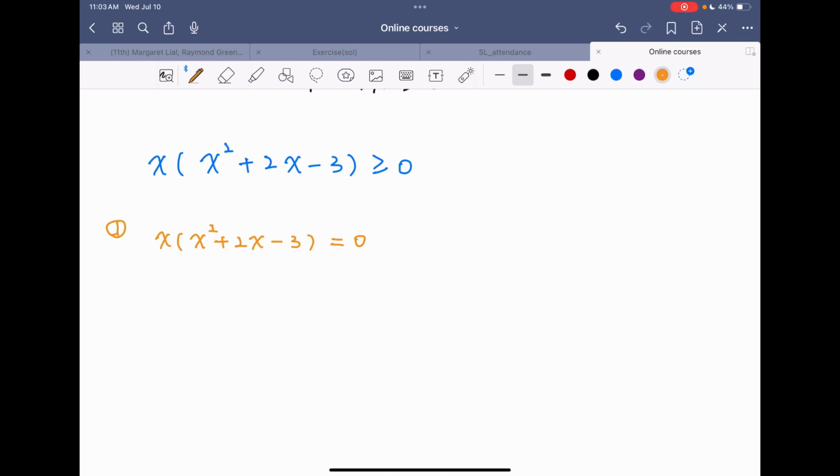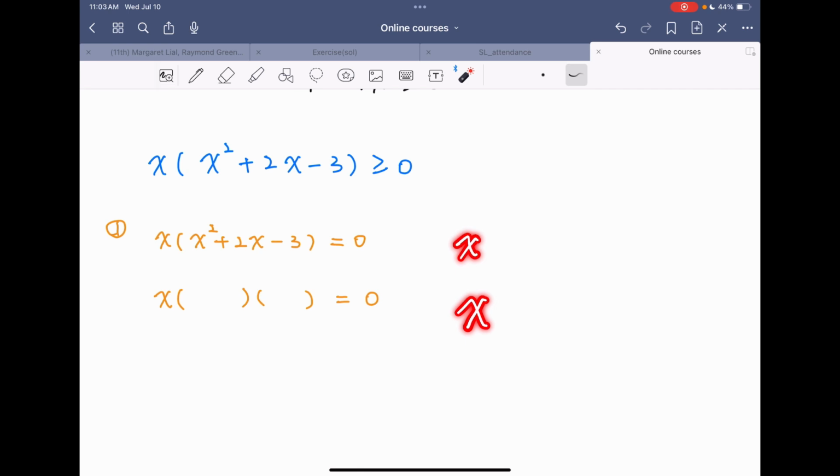And then we have to break this equation into 2 brackets. So we're going to do this, and it's 0. And since here we got minus 3 and positive 2, we can see, so x and x.